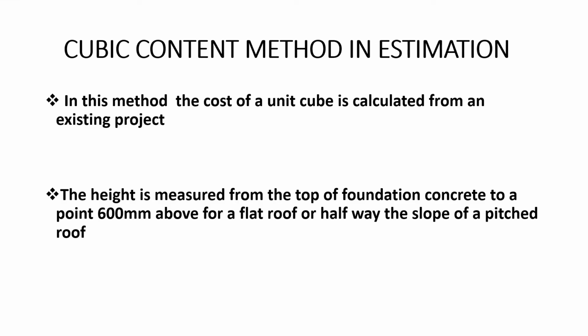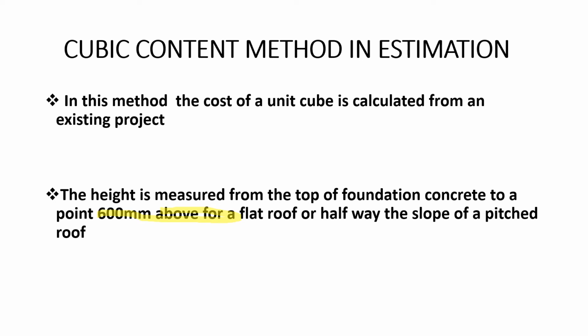Now in this method, the cost of a unit cube is calculated from an existing project. That one we've seen. Then the height is measured from the top of the foundation concrete to a point 600 millimeters above, that is for a flat roof, or halfway the slope for a pitched roof. So if you have a flat roof, you use the height 600 millimeters above, and if it's a pitched roof, then it's going to be halfway.